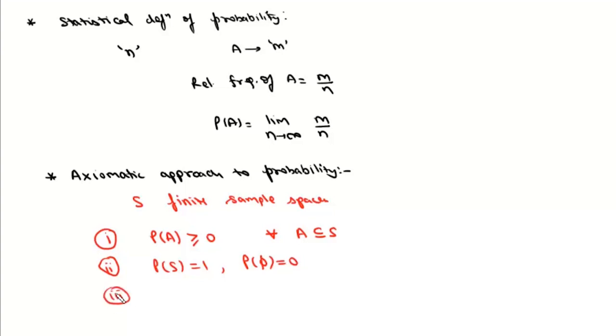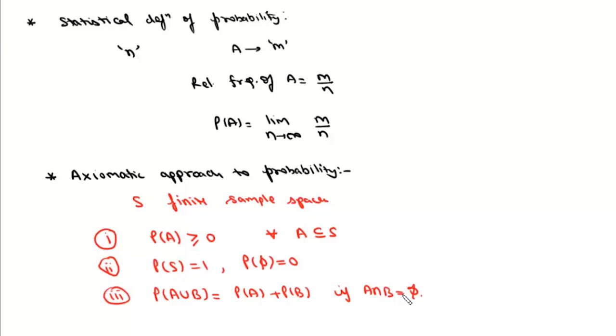And third condition is probability of A union B equals probability of A plus probability of B if A intersection B is phi.